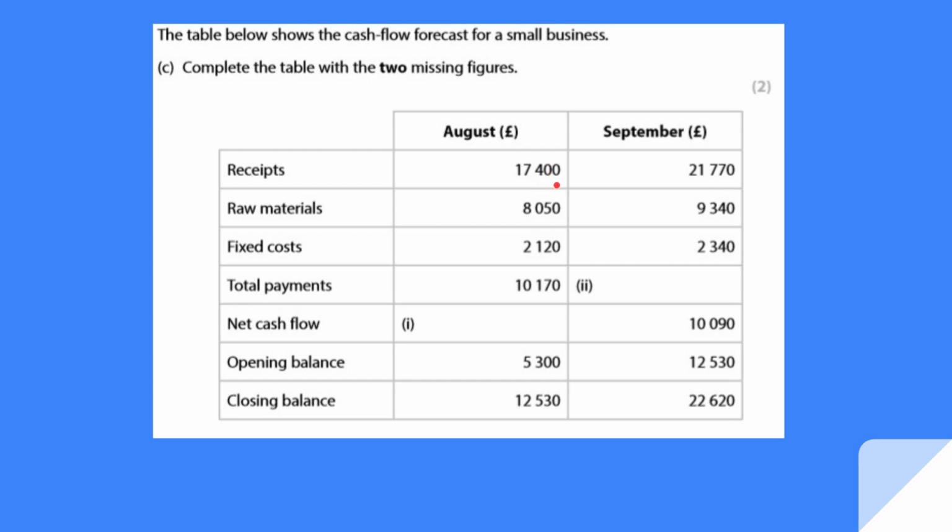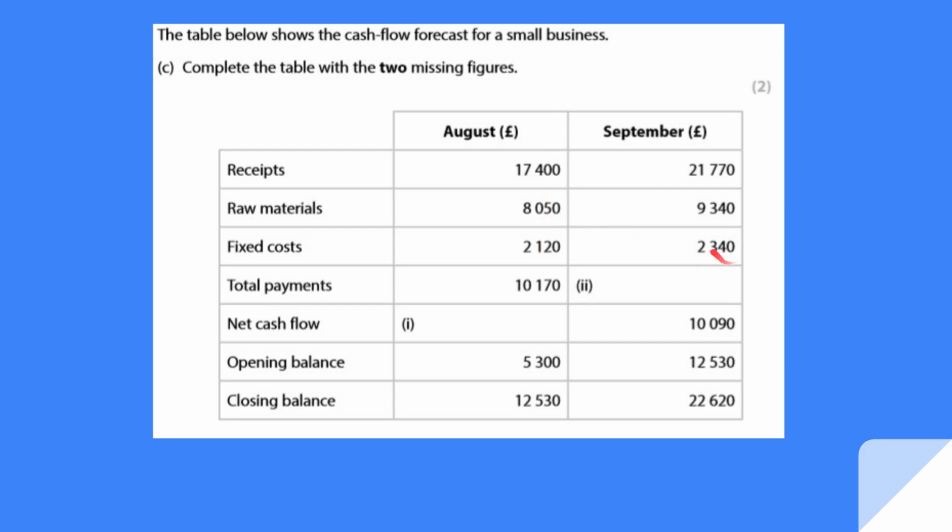So all we've therefore got to do, and make sure you take a calculator into the exams, really important. So many students just forget to do so, and there's no excuse for it really. Anyway, what do we end up with here? 7,230. That's our net cash flow because receipts minus this.